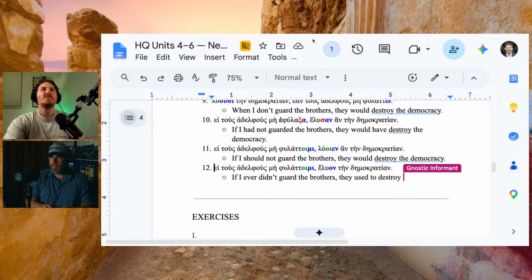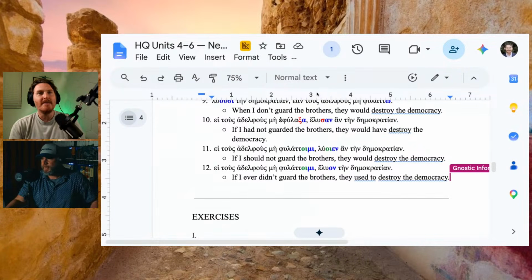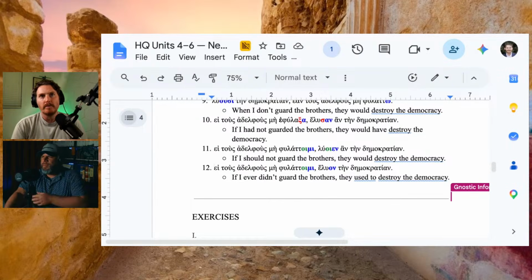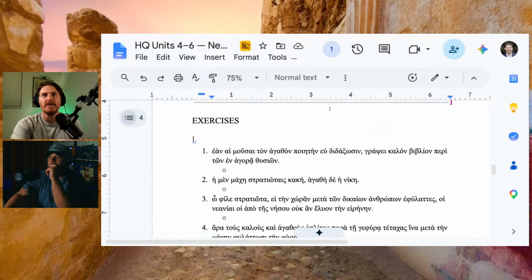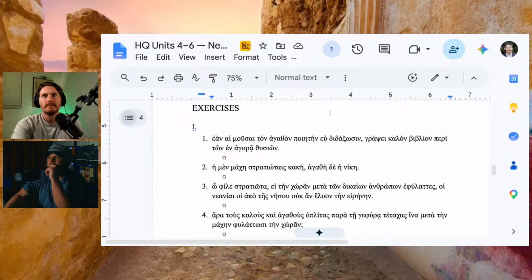That's why whenever tends to be more natural. If I ever is wooden. There's got to be a better way to translate this though. Yeah, whenever I didn't guard the brothers, they used to destroy democracy. That's why you say whenever. Yeah, because whenever just works a little bit more naturally in English. I guess if I was to translate it, I would start off with this and then I would clean it up. My brain always wants to translate this to if, always, you know what I mean?